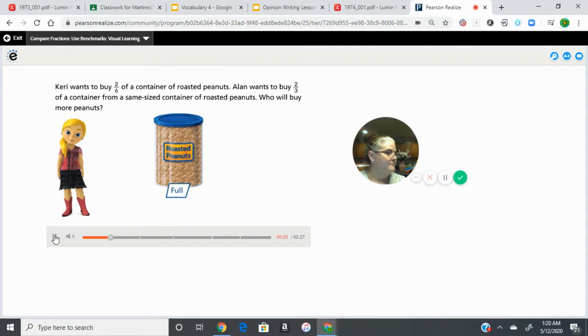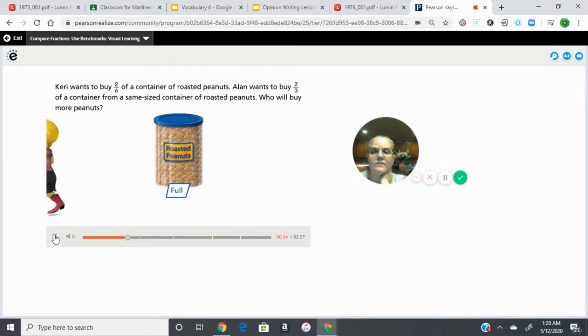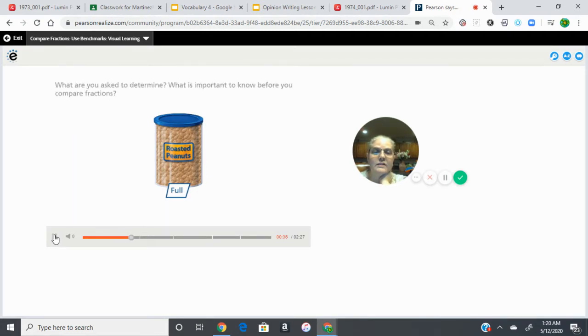Carrie wants to buy 2/6 of a container of roasted peanuts. Alan wants to buy 2/3 of a container from a same-sized container of roasted peanuts. Who will buy more peanuts? So think about that, the larger the denominator, remember? What are you asked to determine? What is important to know before you compare fractions? All right, so looking at this, what's important for us to know before we start to compare the 2/6 and the 2/3?